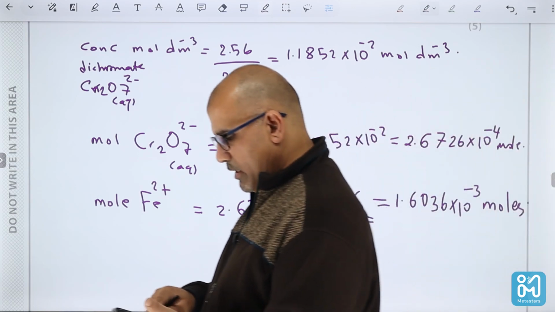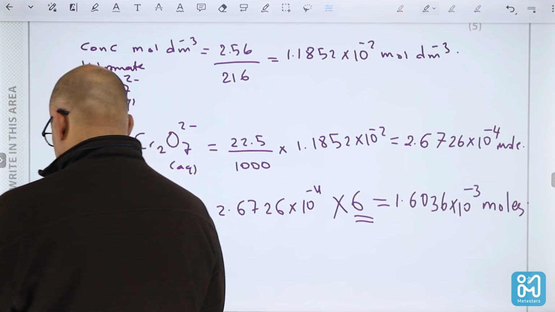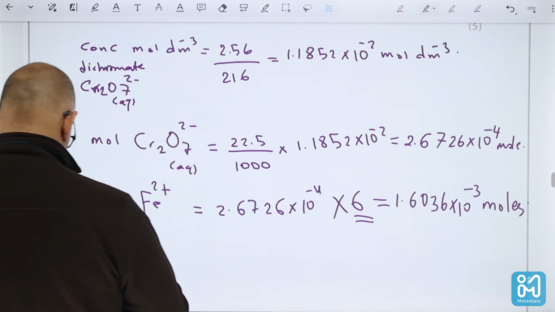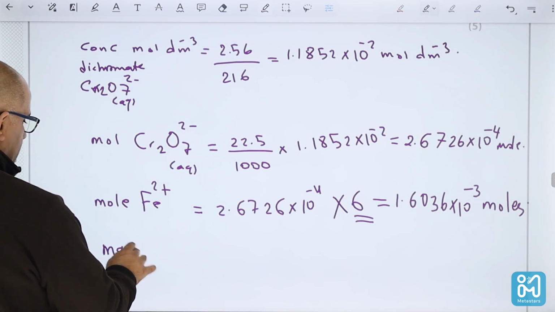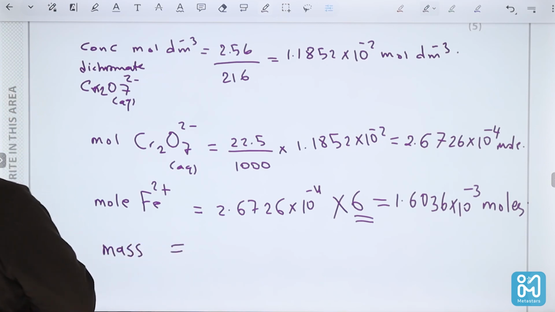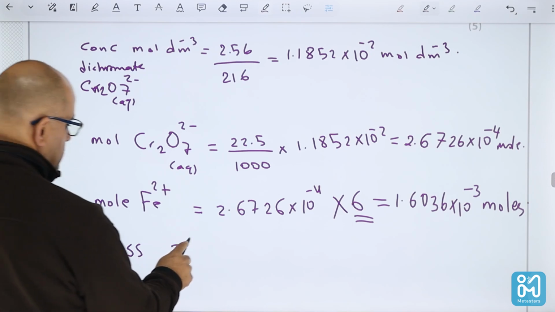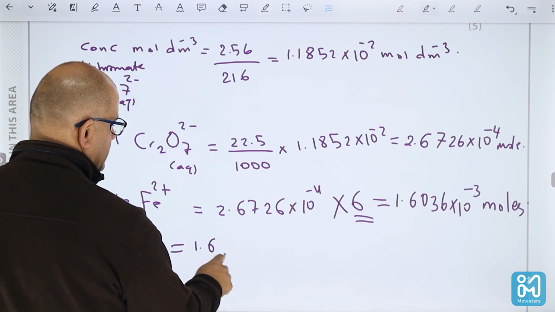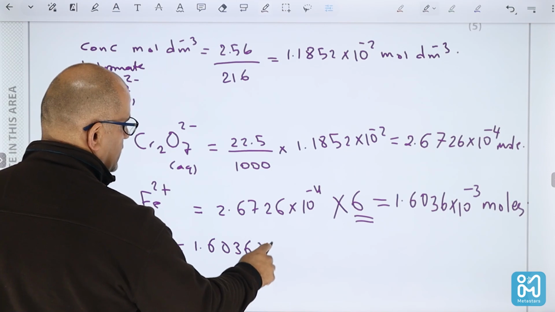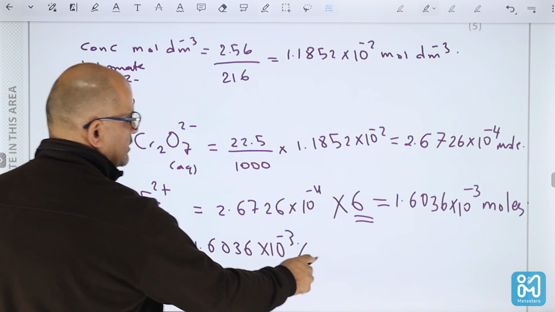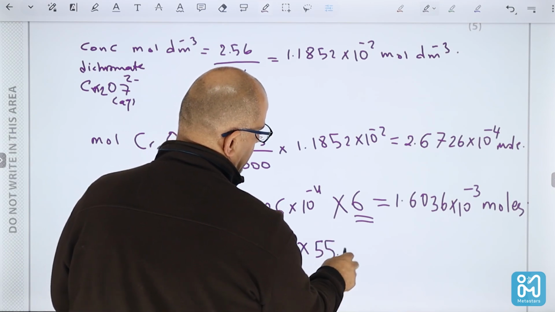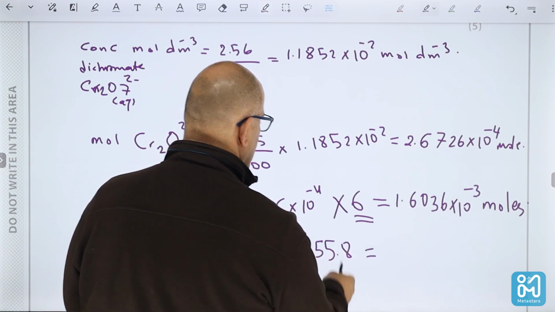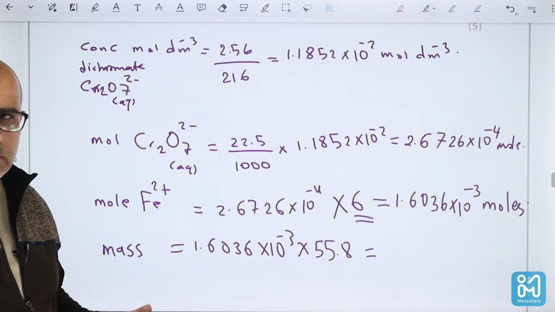Now, if you convert it into mass, this equals 1.6036 times 10 to the power negative 3 times the molar mass of iron, which is 55.8, or you can consider it 56.